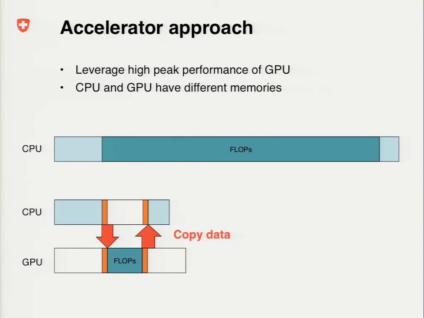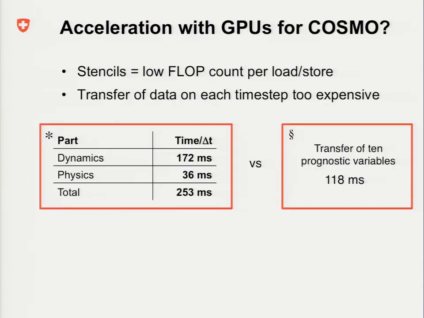Now you can actually make a very simple argument for COSMO showing that this approach does not work. If you look at how much time a time step takes in COSMO, one time step is typically around 250 milliseconds in a production run.